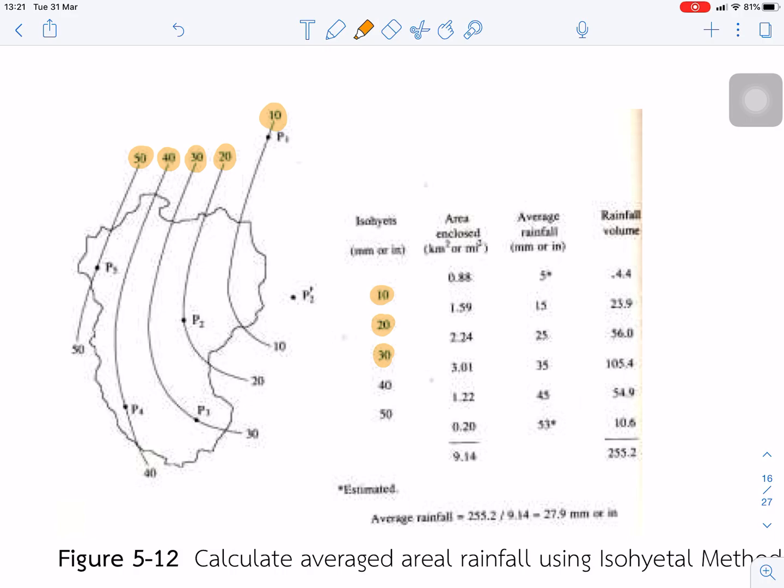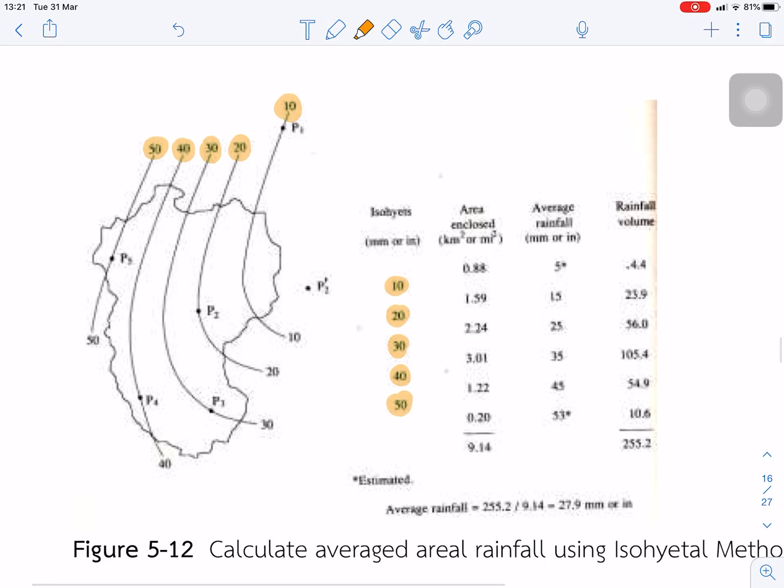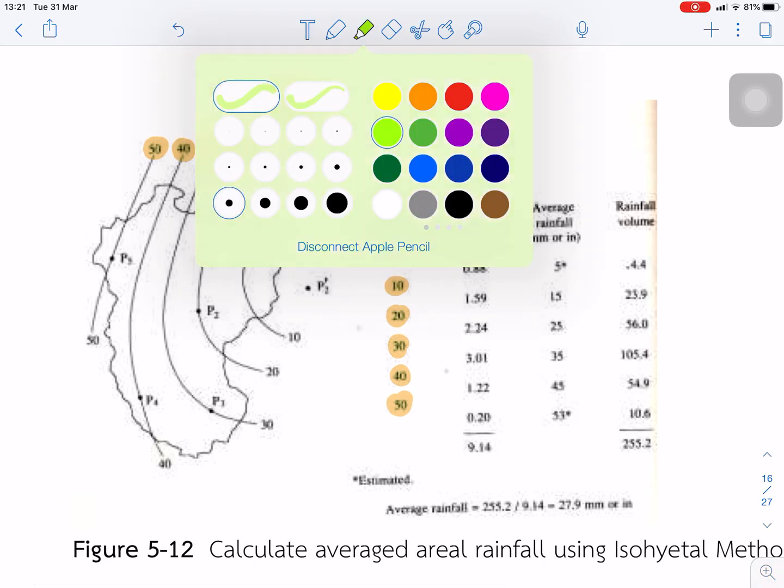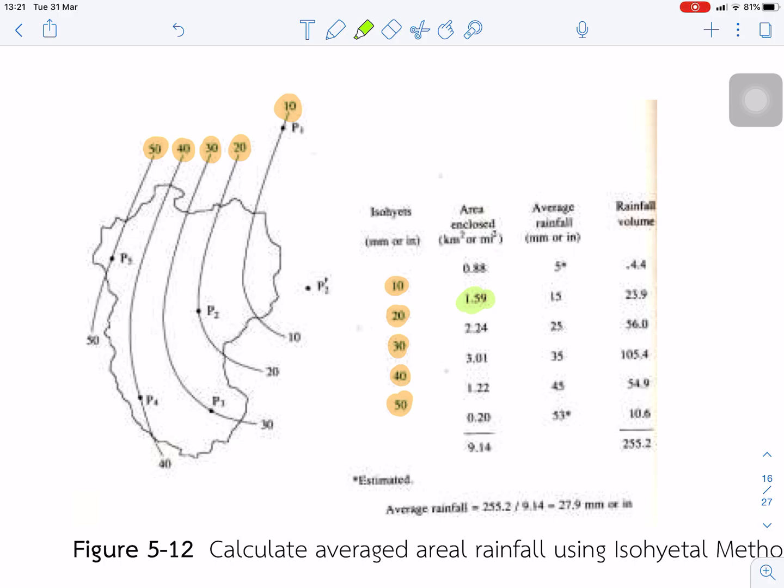In between 10 and 20 they measure the area enclosed. So this is about, let's say, 1.59.